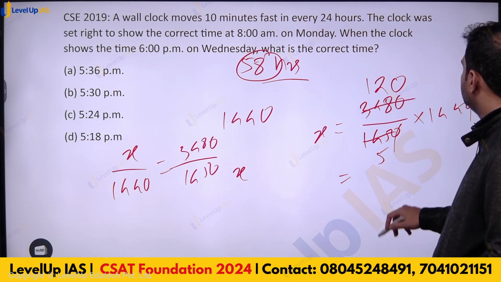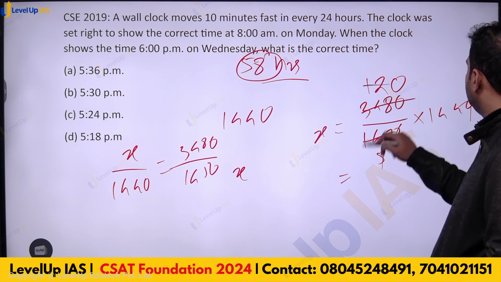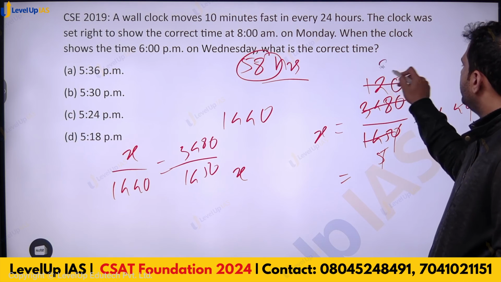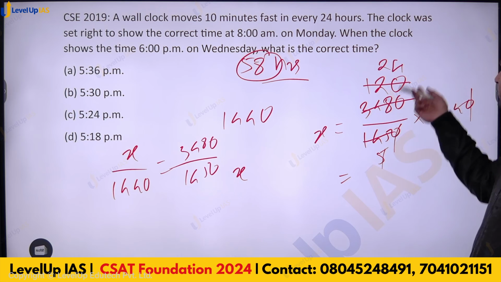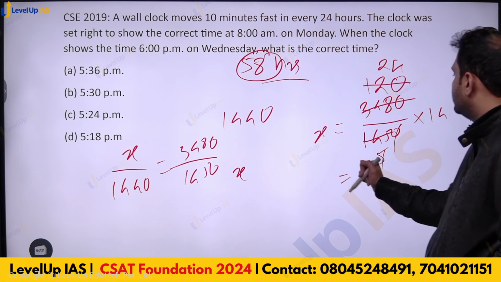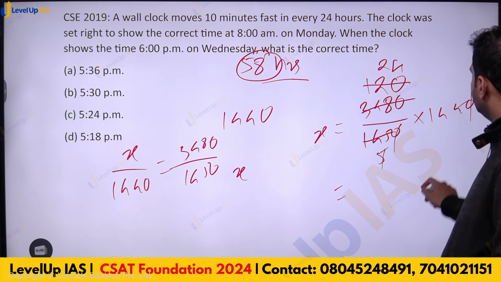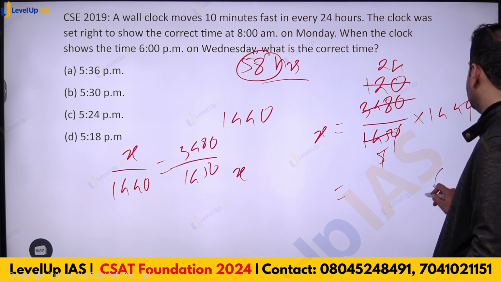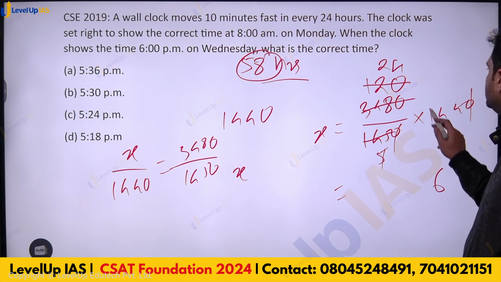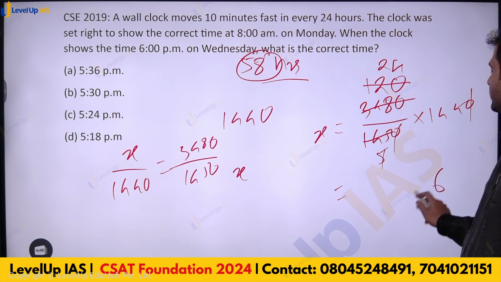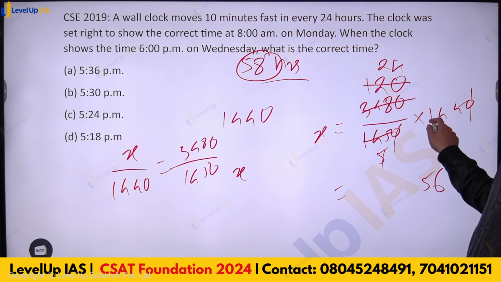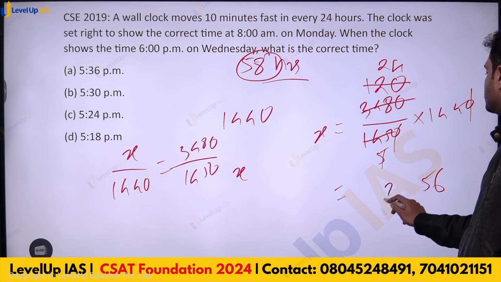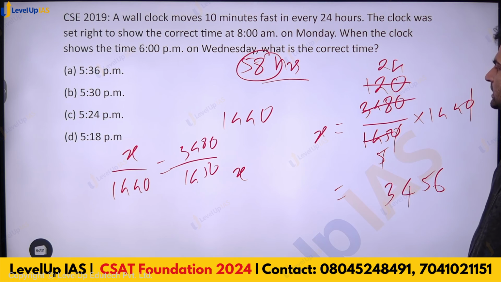Right? And we can further divide by 5. So 5 2s are 10, 5 4s are 20, and 24 4s are 96, and you can multiply this. So 24 4s are 96. So we get 3456. These many minutes have elapsed.